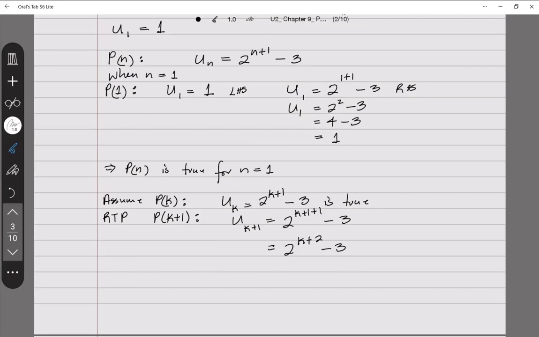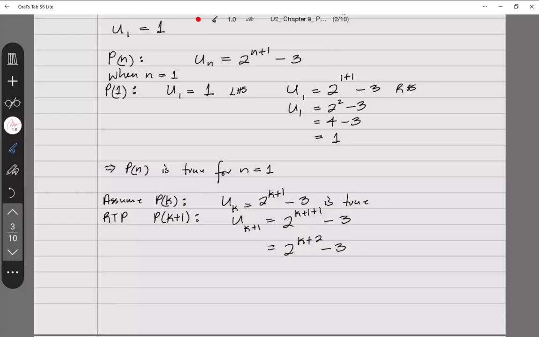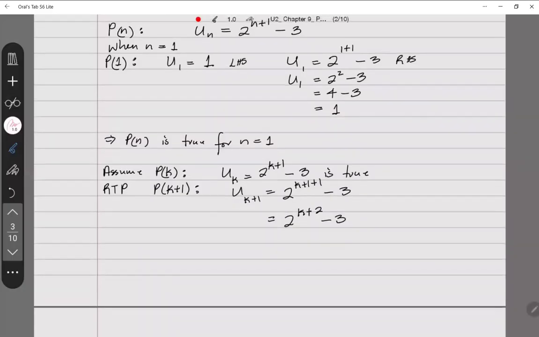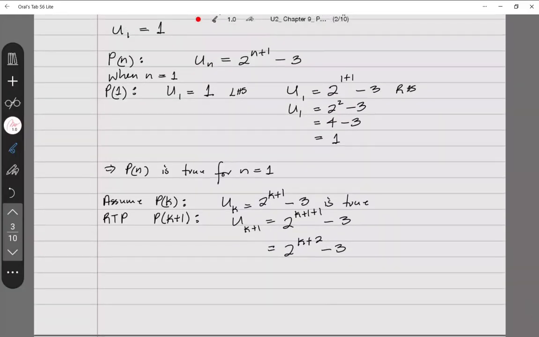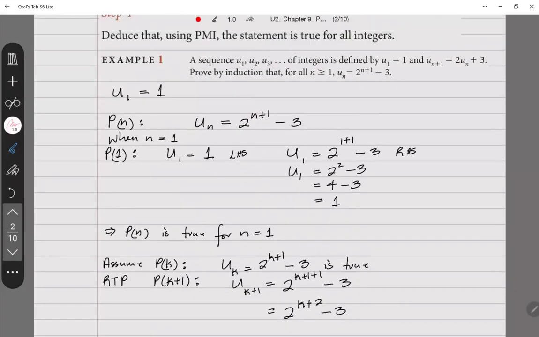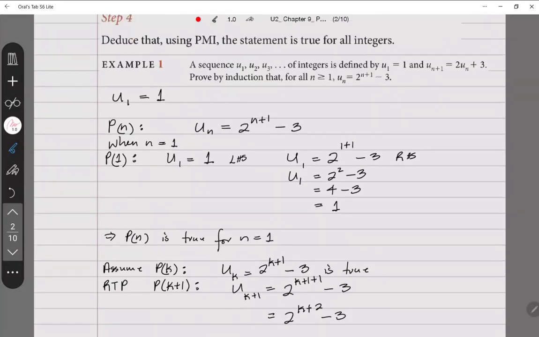Now, let's go back to that initial formula we're given. I'm going to change the color of the ink. The initial formula we're given is this, that Un plus 1 is equal to 2Un plus 3.